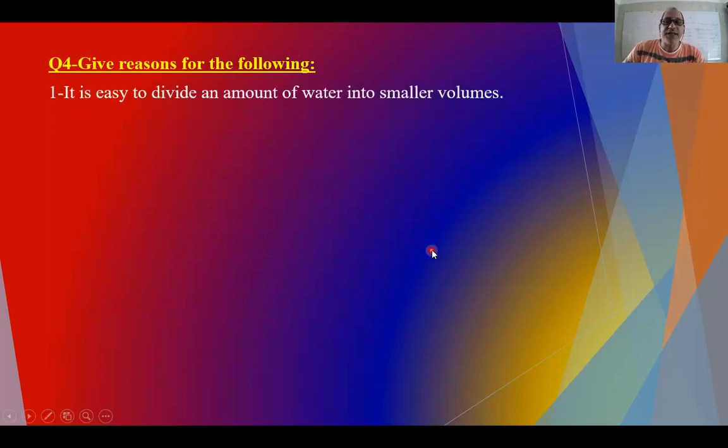It's easy to divide an amount of water into smaller volumes. Let's go back to the characters of molecules. The intermolecular spaces, I'm sorry, I have to pause this.